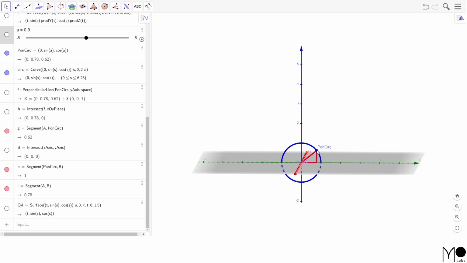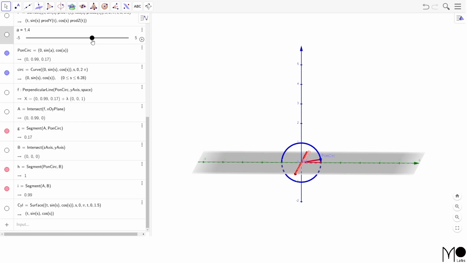Because the cosine is simply the length of the shortest edge next to the angle divided by the longest edge of the triangle. So indeed, the coordinates of this blue point are simply, in this direction, the sine of the upper angle, and in that direction the cosine of the upper angle, and that's what I've done here.